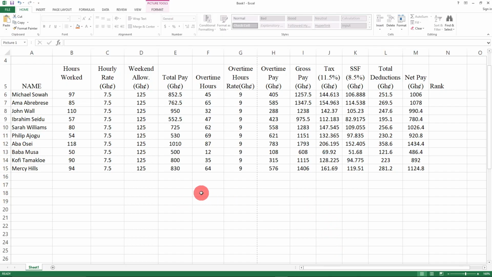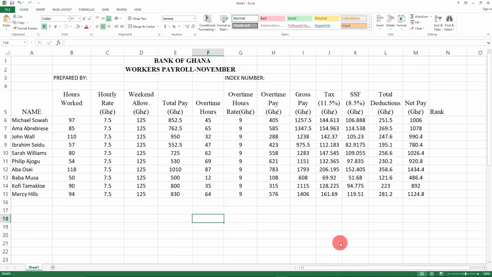Please write this formula down. Write it down, and then memorize it so that you can write it in the exams to calculate the rank.